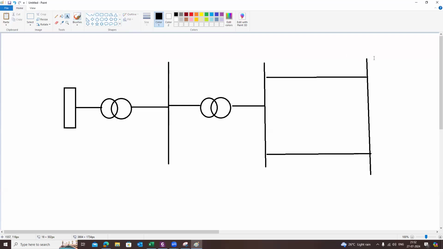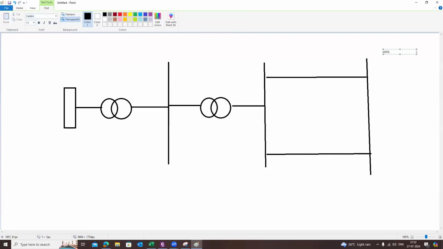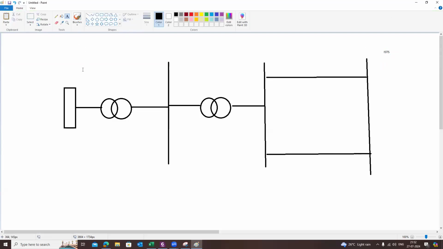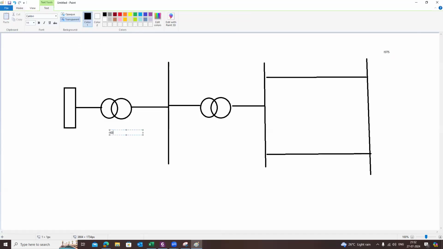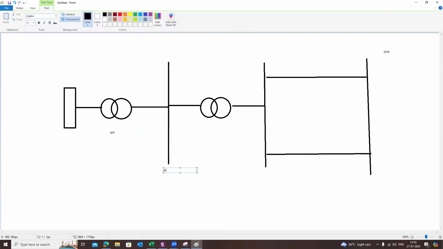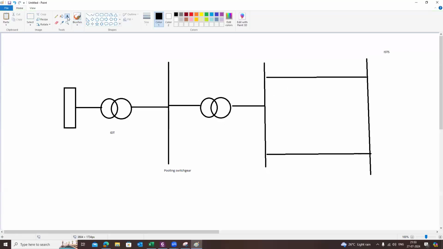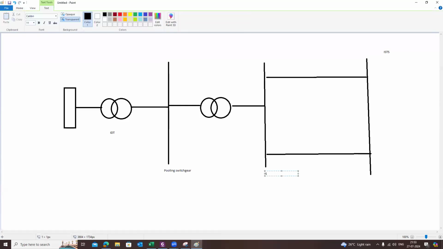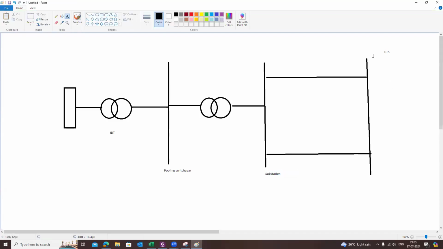Let's suppose I'm making it an ISTS substation. This is the typical power flow configuration of your solar plants, right? So this is the PV module, this is the IDT, the inverter duty transformers, and this is your pooling switchgear. And this is your power transformer, and this is your substation. And these are the transmission lines which connect it to the ISTS network.